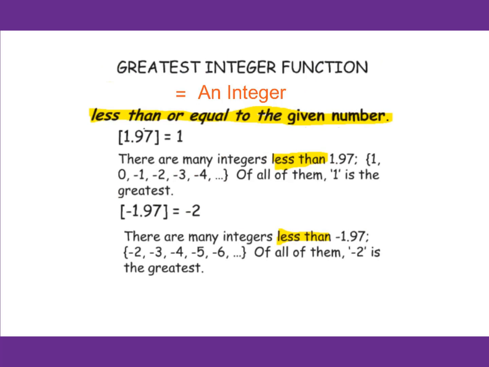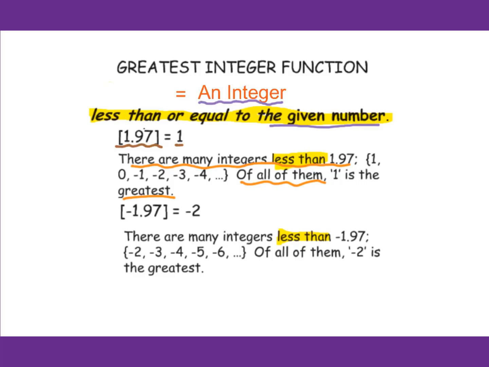For the greatest integer function, basically we're looking for an integer less than or equal to the given number. For example, the greatest integer of 1.97 equals 1, because there are many integers less than 1.97, and for all of them, 1 is the greatest.